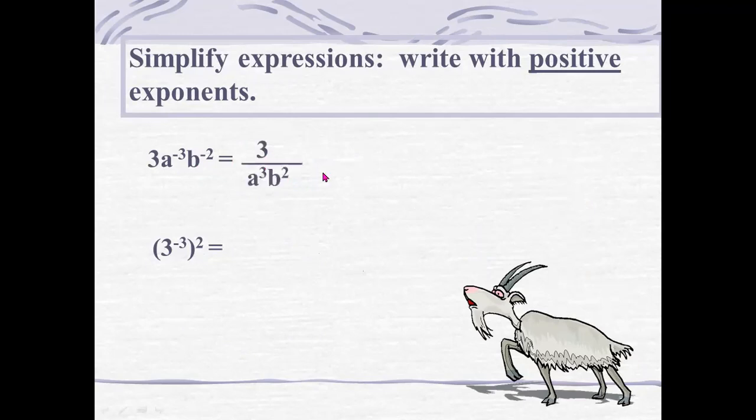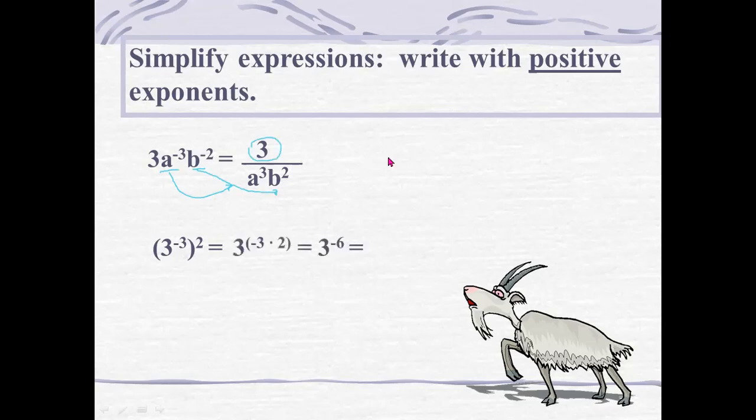So if we write that one, it will be 3 over a to the power of positive 3, b to the power of 2. Take note that this base is raised to a negative power, so it is only that one that will be converted into a fraction, and 3 is the numerator, because 3 is having a positive exponent.